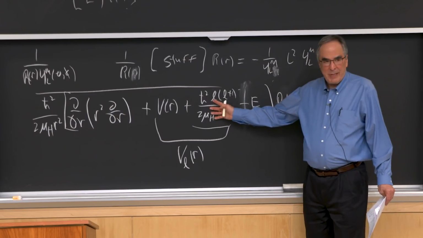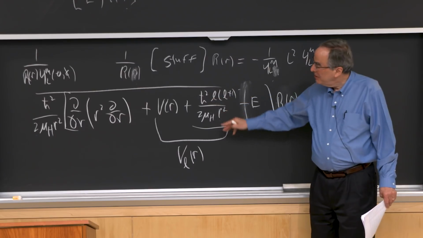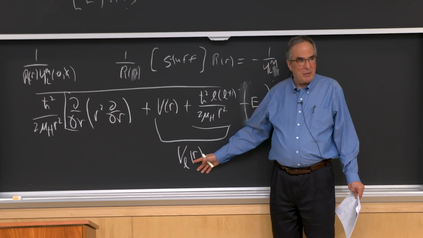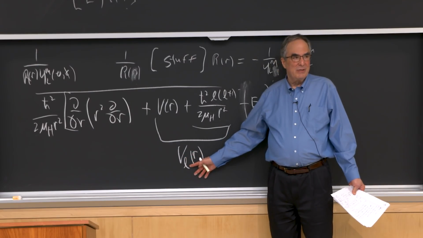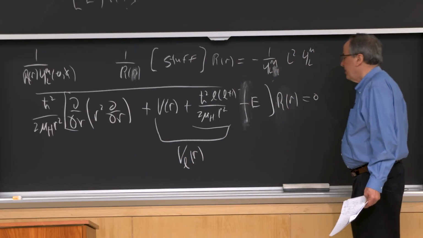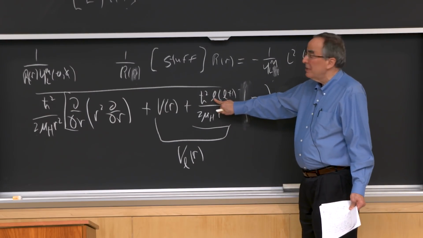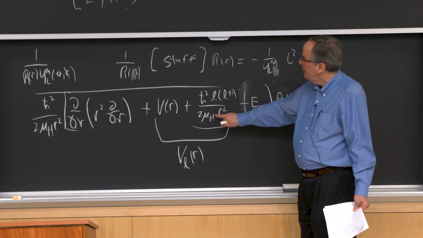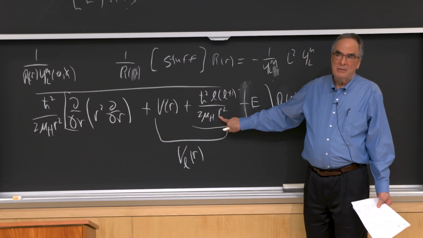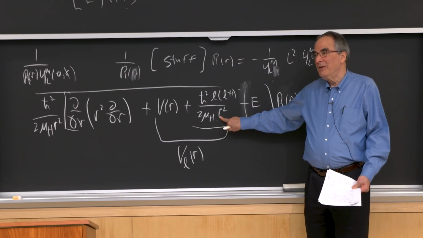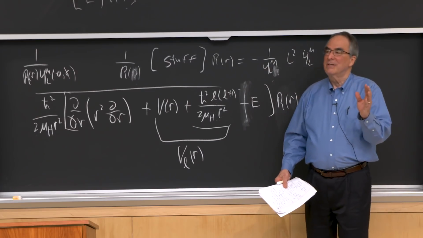This is the effective potential, and it depends on the value of L. So this is just like an ordinary one-dimensional problem, except now for every value of L, we have a different potential. And when L is not equal to 0, this potential goes to infinity at r equals 0, which is bad, except it's good because it keeps the particle from ever getting close to the nucleus.